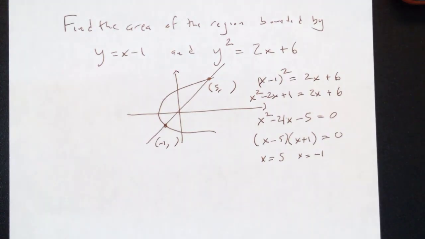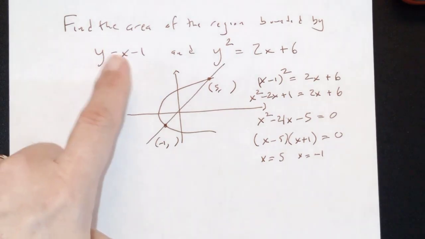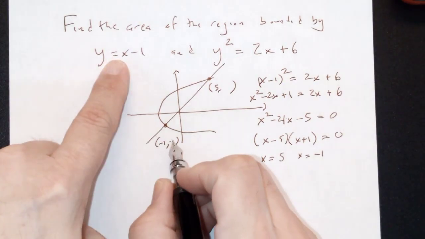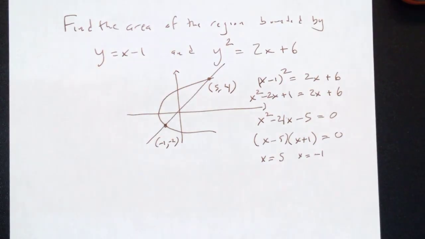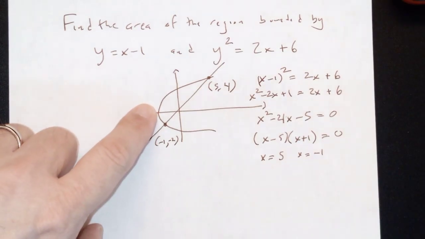Which, by the way, means I know the y values. But if I do the integral from negative 1 to 5, I have a problem. What problem do I have? This is further left.